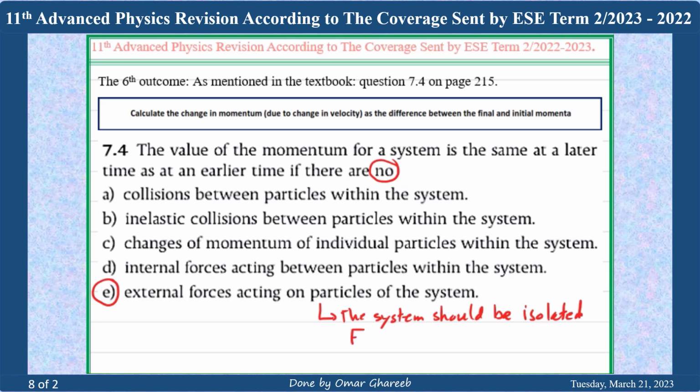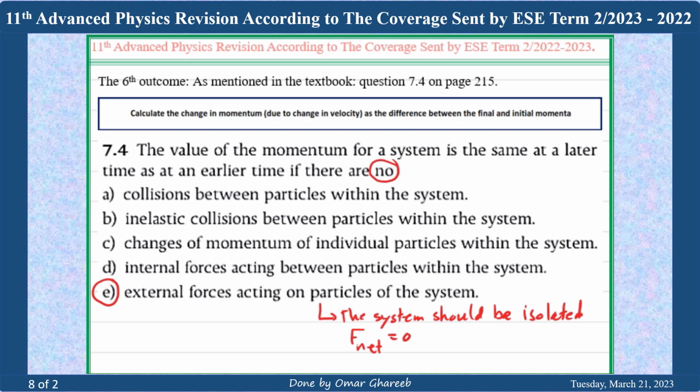That means the net external force is 0. Again, the expression about external forces acting on the particle of the system has a problem. The net force should be 0, not no external force, because there may be external forces, but the net of them, the resultant of them, is 0.